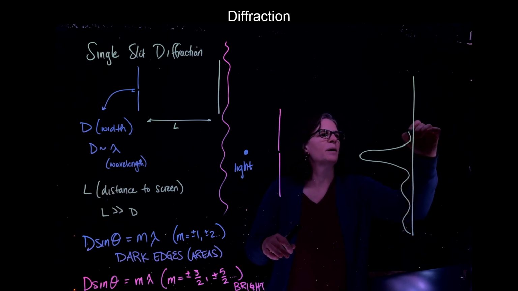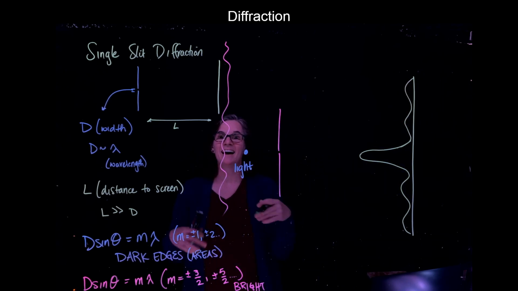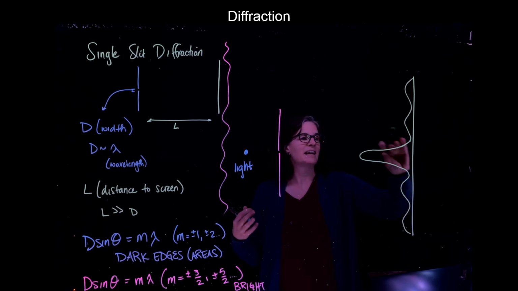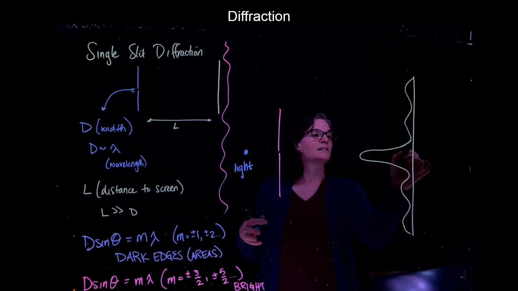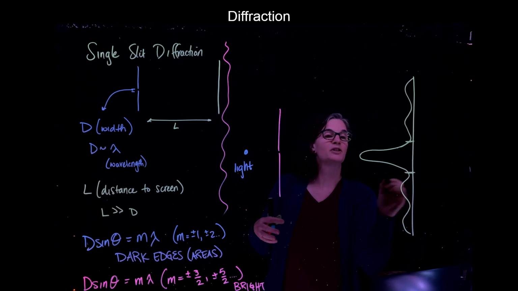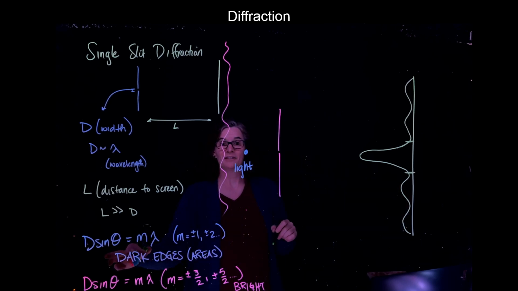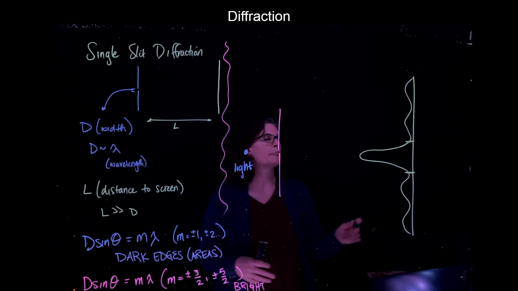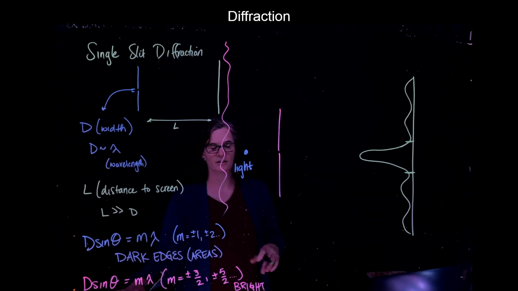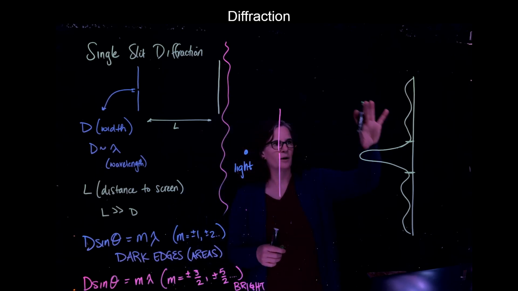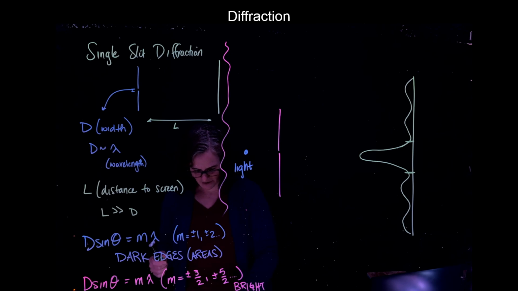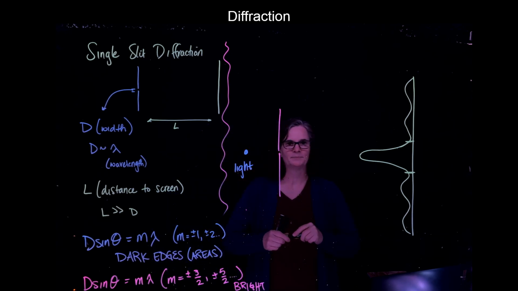And then as we go outward, we see additional light areas, and then we see these dark areas, all right? So the maximum is flanked by 2 dark edges, at the angles that have the relationship where m is 1. The bright spot is at angles where the relationship of m is 3/2. Right? So that's sort of how we can visualize the bright and dark patterns on the screen.